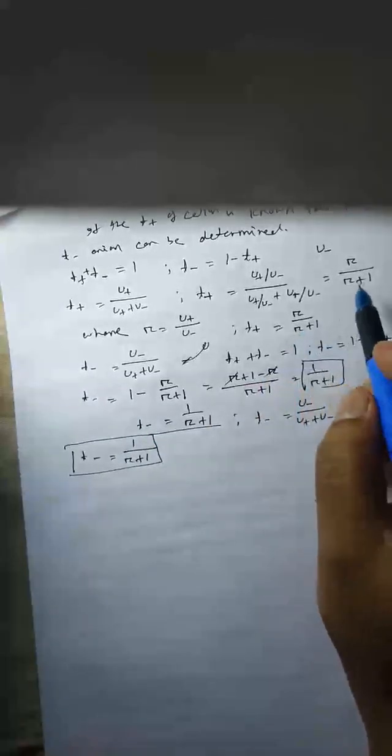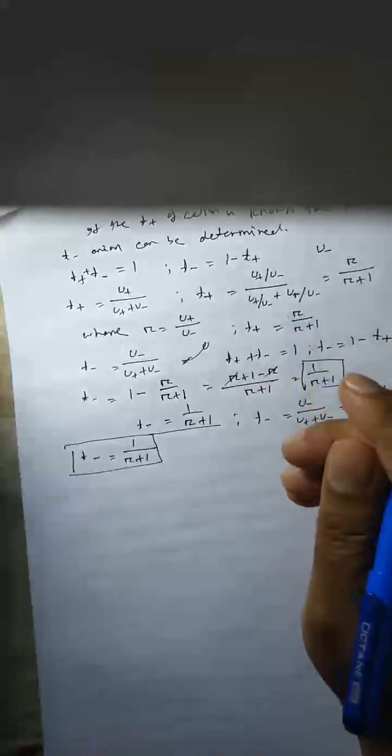This is the same as what we calculated before. So the speed ratio means the transport number of the cation divided by the transport number of the anion. This is the relationship between the transport number of the cation and the speed ratio.